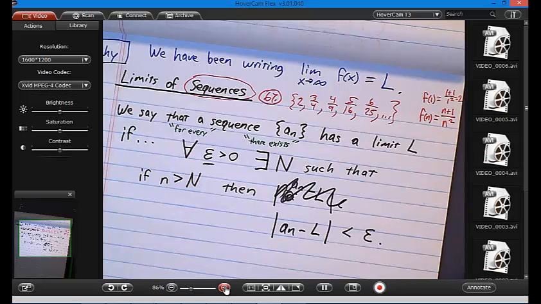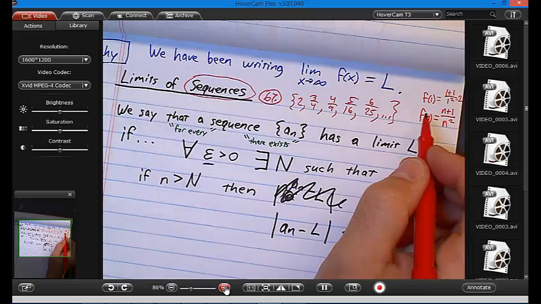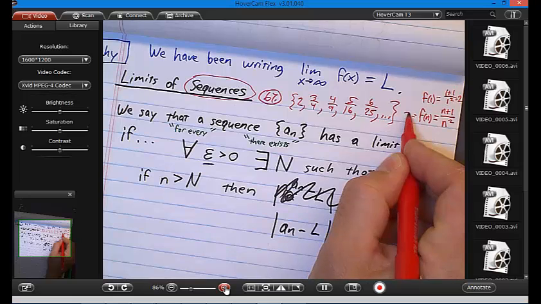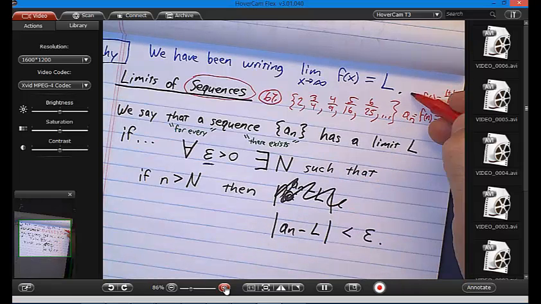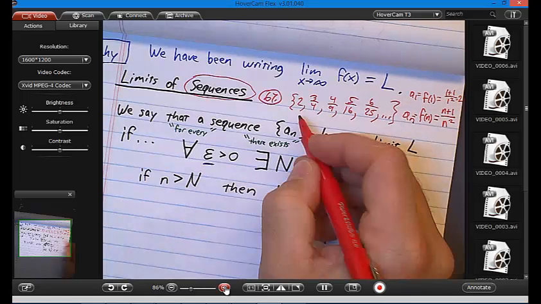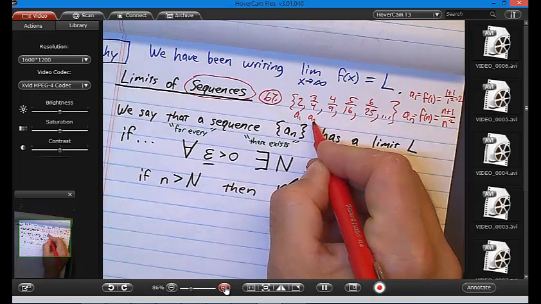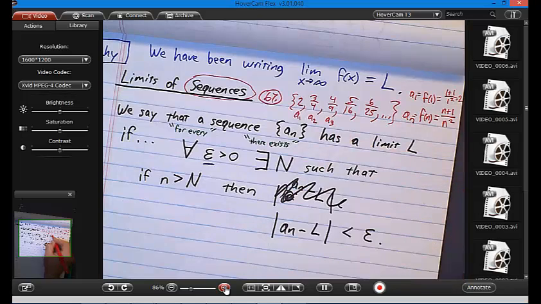And by the way, the notation people usually use for sequences is not f of n, it's a sub n. So we'll say a sub 1 is 2. This is a sub 1, this is a sub 2, this is a sub 3. That's very common. You guys will study sequences a lot in Calc 2. But why bring them up now?